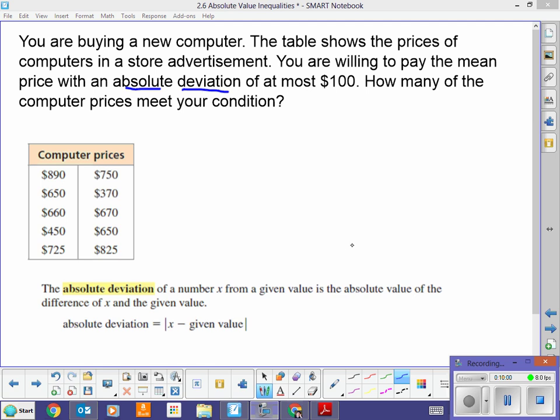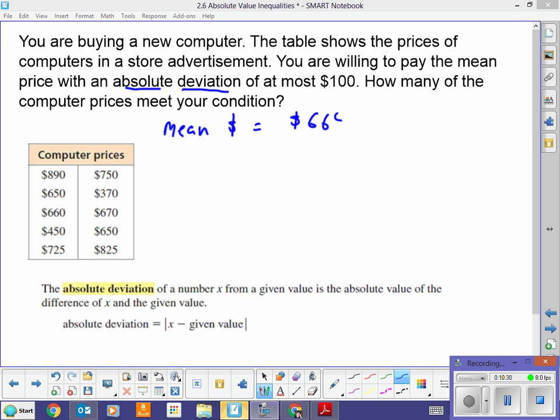Okay, so first thing it says you're willing to pay the mean price with an absolute deviation of at most $100. So what this is saying is we want to select computers here that are within $100 of the average. Without watching all these calculations, I'm going to tell you that the mean price here equals $664.